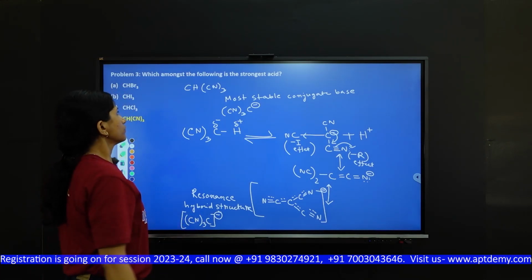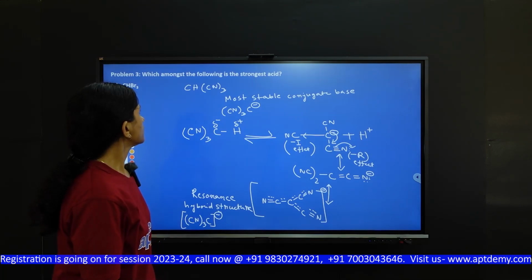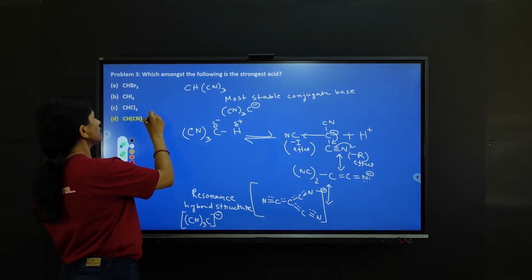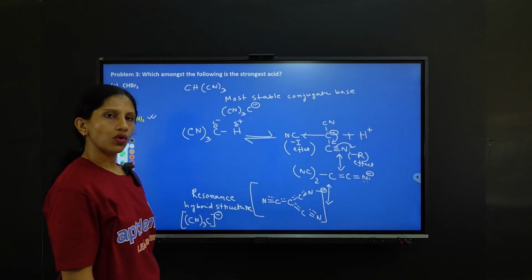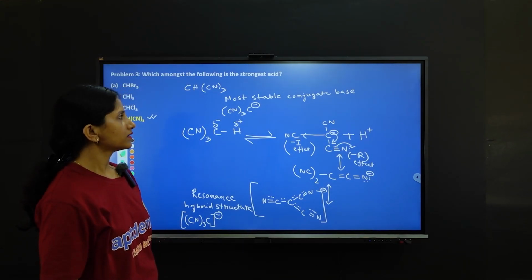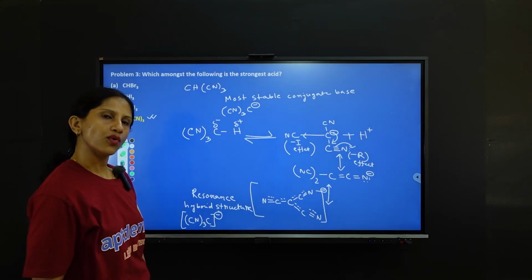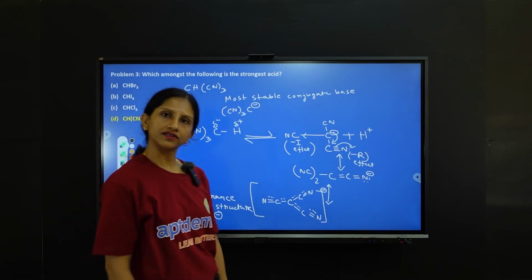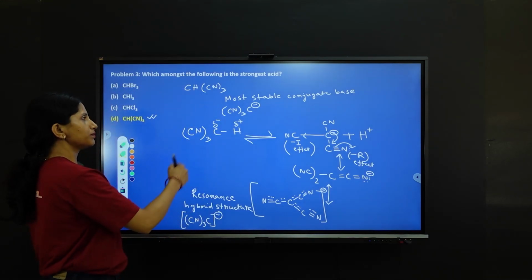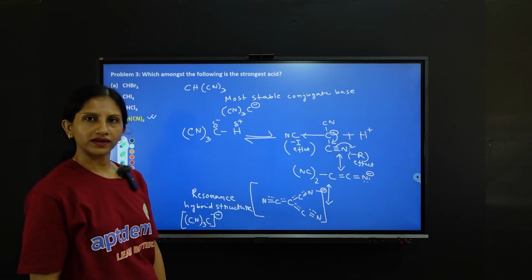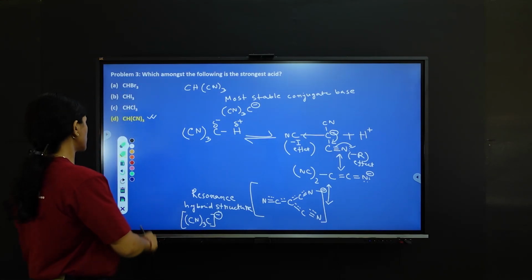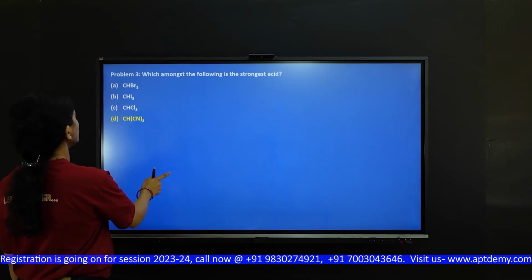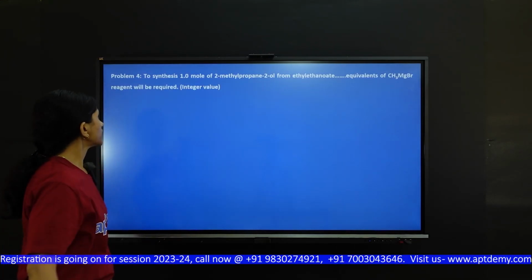So, from this problem we can say that among the following, the strongest acid is CH(CN)3, because it is forming the conjugate base which is the most stable one because of the formation of such resonance hybrid structure, and also due to the strong minus I and minus R effect of CN groups, right? Simple. Now, let us move on to the final problem of this short lecture.